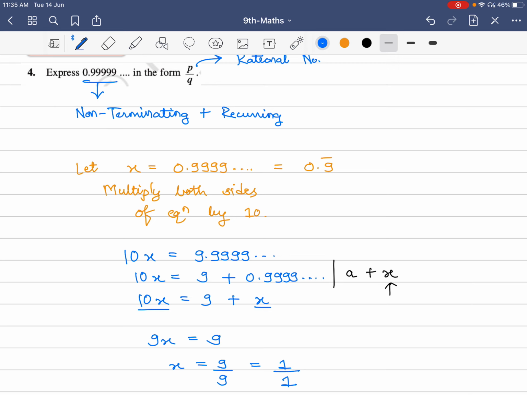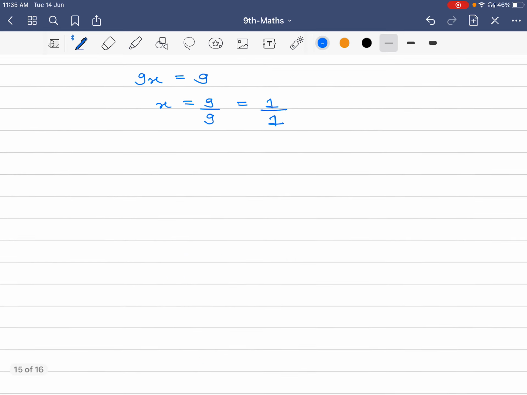So let's draw a number line. Let's say this is a number line, and on this number line we have here 0, and here 1, and here 2.